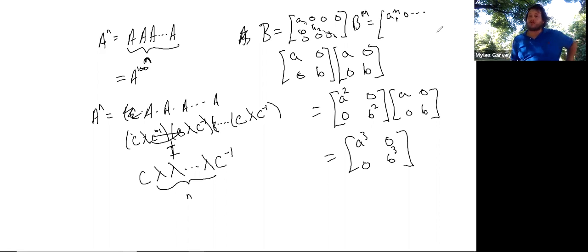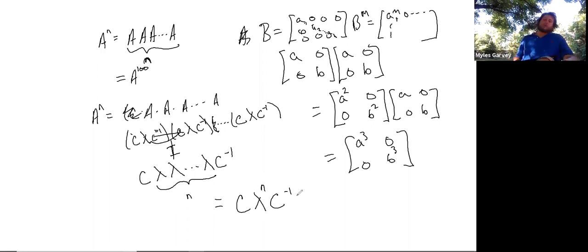So that's very easy and nice to compute. So to compute the power of a matrix is very simple. It's just taking the diagonal matrix and multiplying on the left and right by the eigenvectors and their inverse.